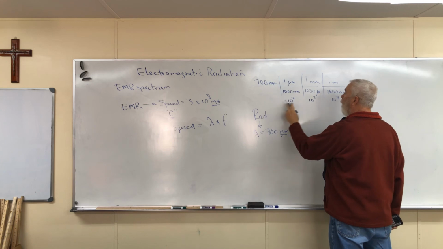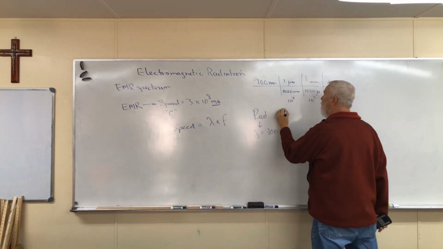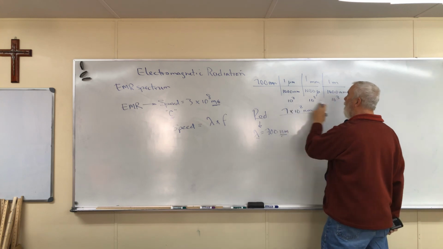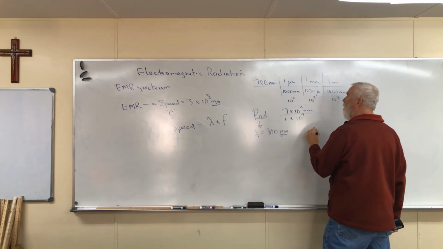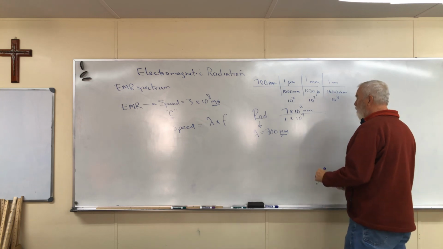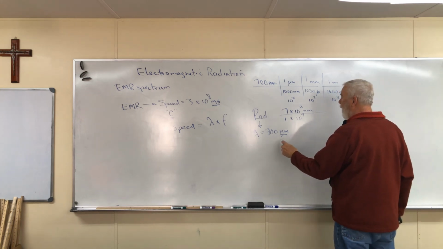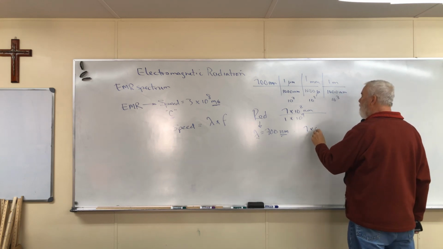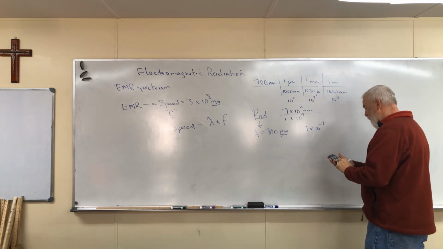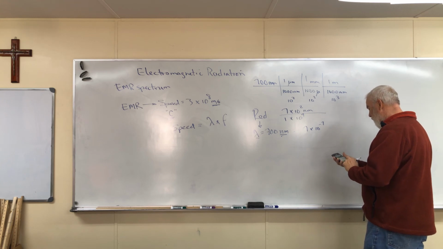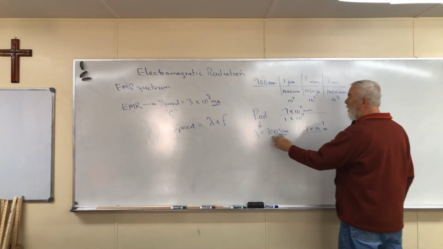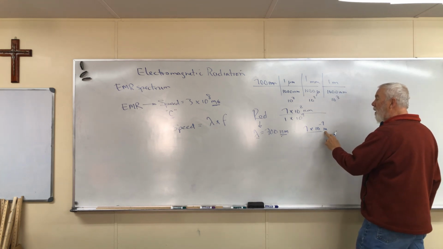So we're taking 7 times 10 to the second nanometers divided by 1 times 10 to the 9th, because there are 10 to the 9th nanometers in 1 meter. Put it in your calculator and see: 7e2 divided by 1 times 10 to the 9th equals 7 times 10 to the minus 7 meters. So 700 nanometers is equal to 7 times 10 to the minus 7 meters.